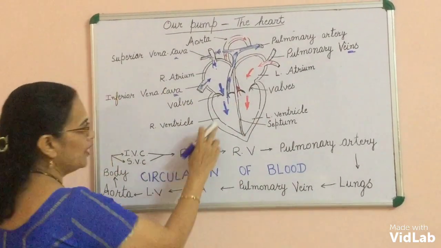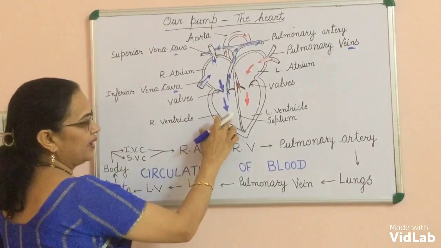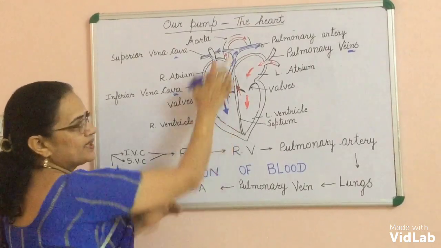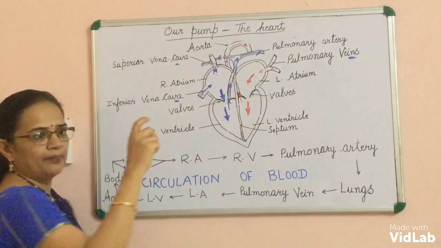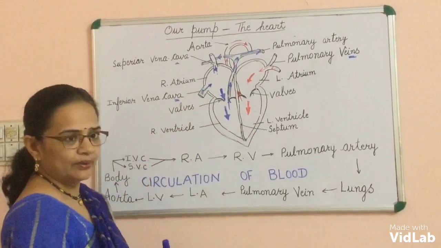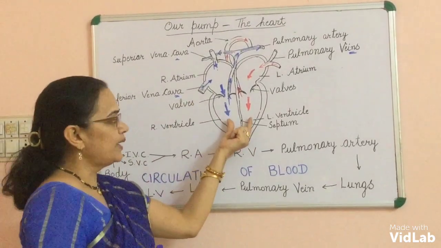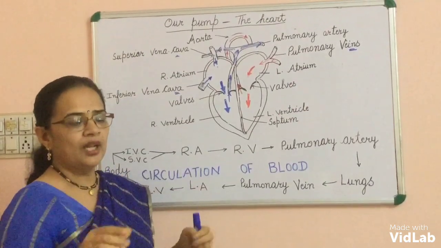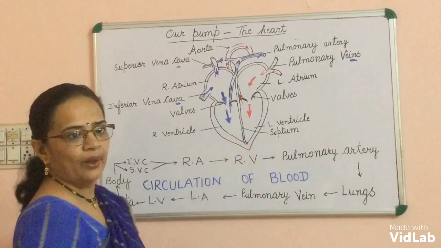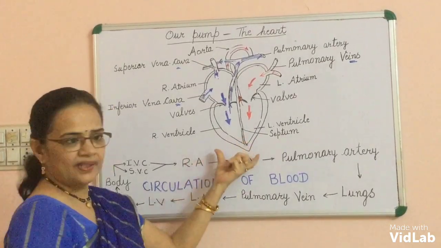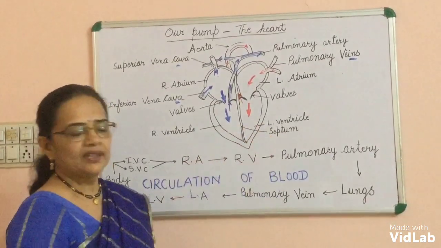For example, from the right ventricle it has to pump blood towards the lungs, and from the left ventricle it has to pump the blood towards the whole body through the aorta. So these ventricles have a thicker wall because they have to pump blood to the far away organs. That is why more pressure is here. So that is why they have a thicker wall.